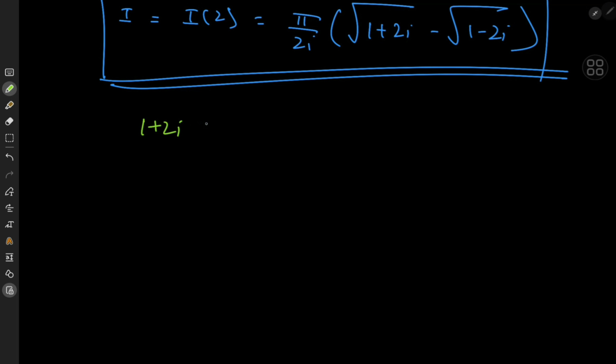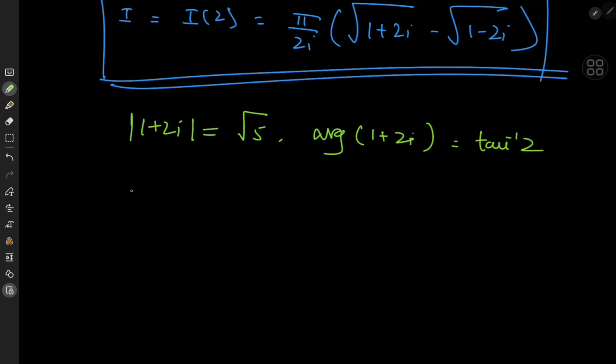So we'll start with 1 plus 2I, the absolute value of it being root 5, and the principal argument being the inverse tangent of 2. So this implies that 1 plus 2I equals, in the polar form, root 5 times e to the I times inverse tangent 2.